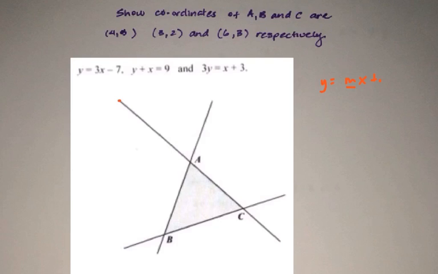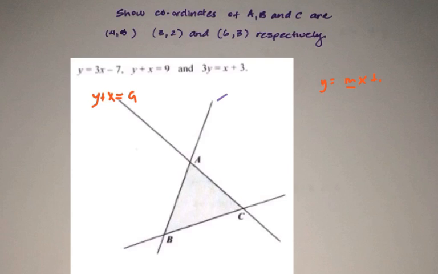And if we were to put y plus x is equal to 9 into that form, we will get y is equal to negative x plus 9, which means that this line here corresponds to y plus x is equal to 9.